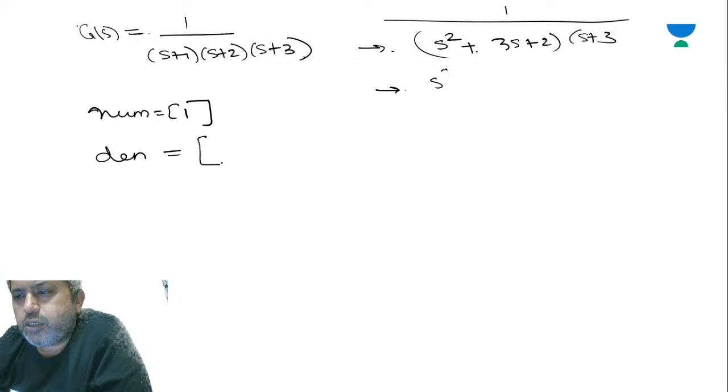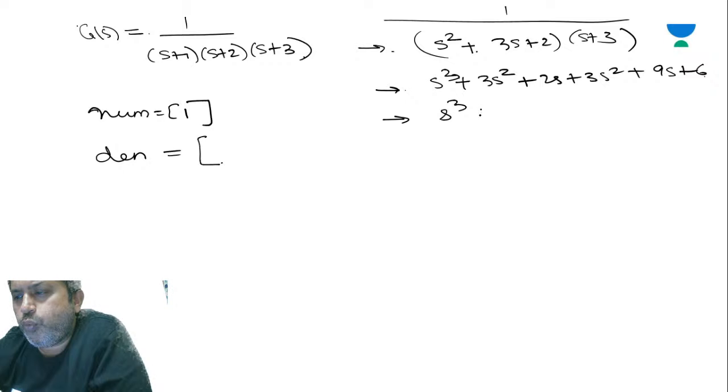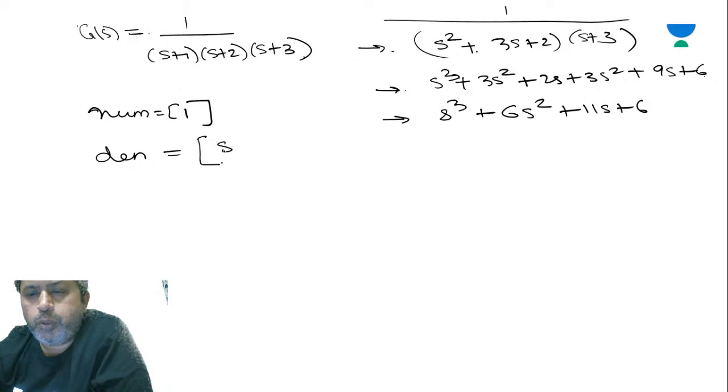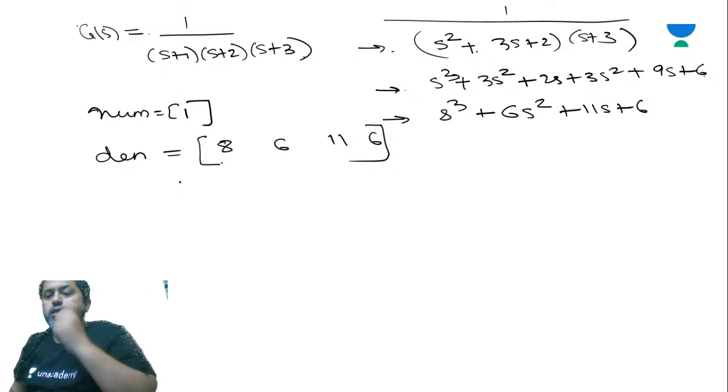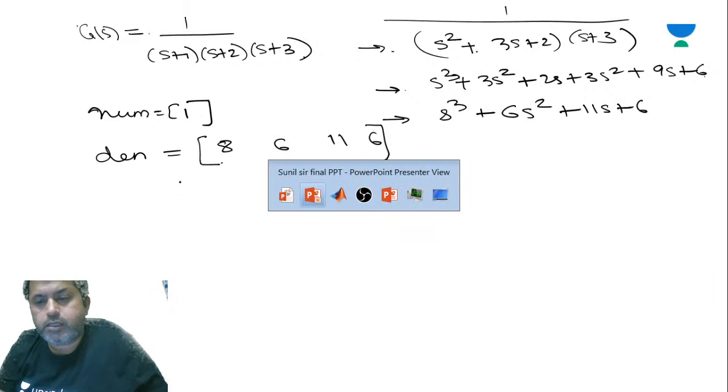This is s cube plus 3s square plus 2s plus 3s square plus 9s plus 6. So this is s cube plus 6s square plus 11s plus 6. So the denominator polynomial is 1, 6, 11, 6.